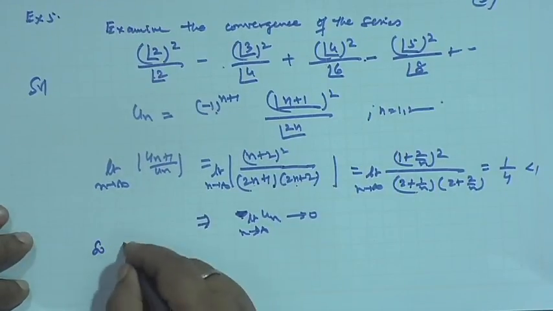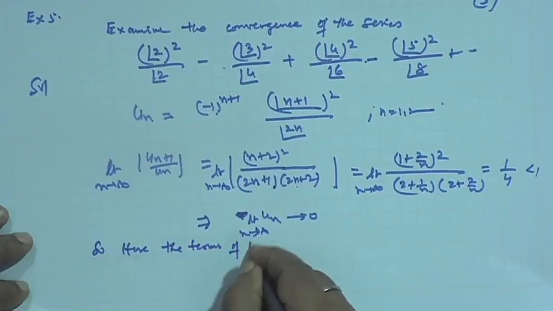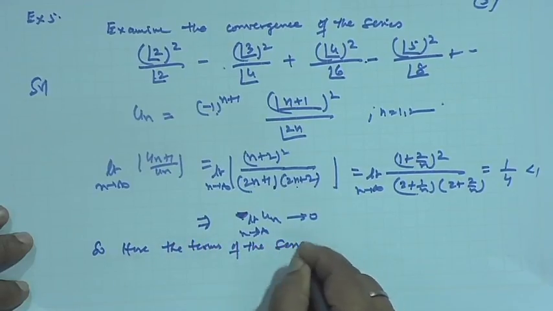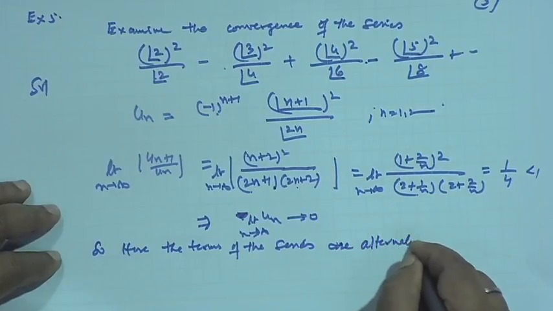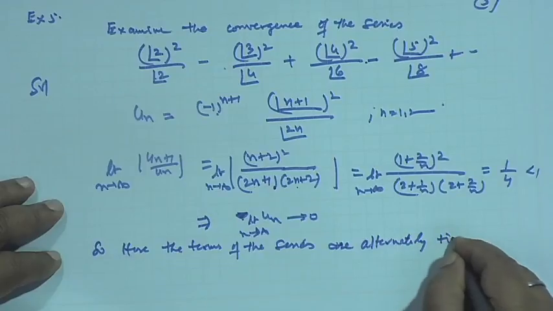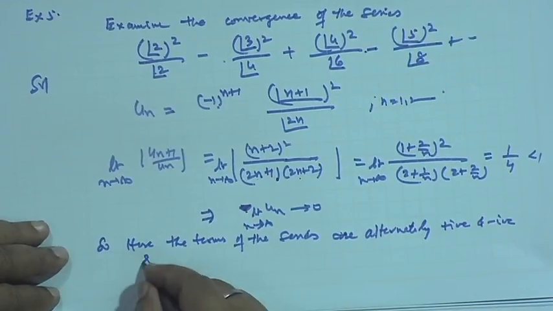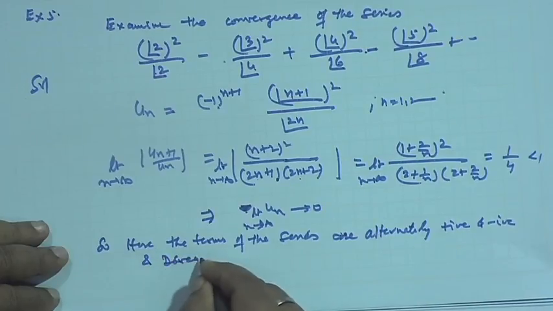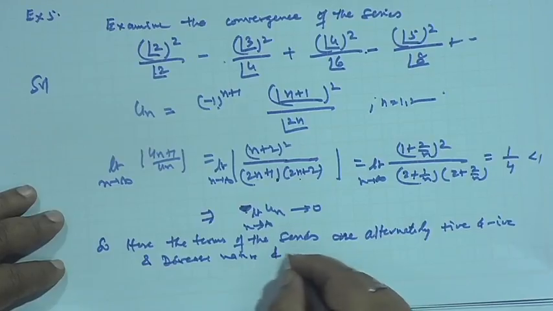So, here the terms of the series are alternately positive and negative. They are of decreasing nature, and tending to 0.